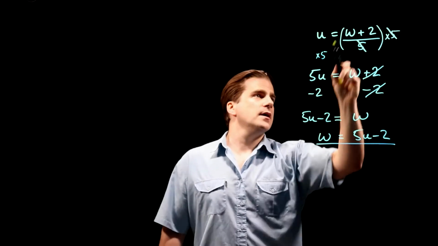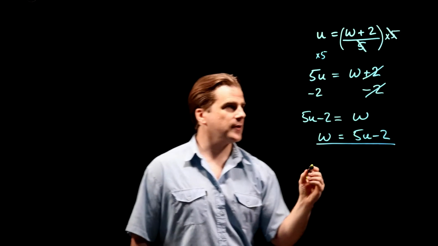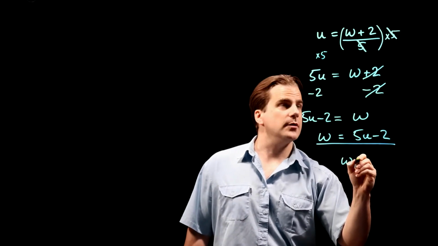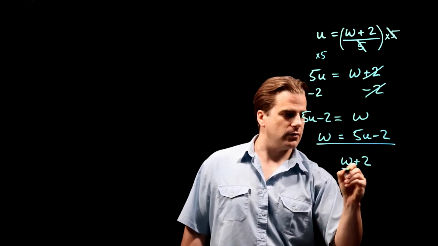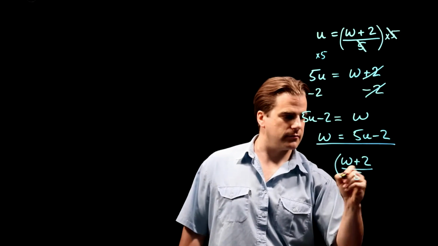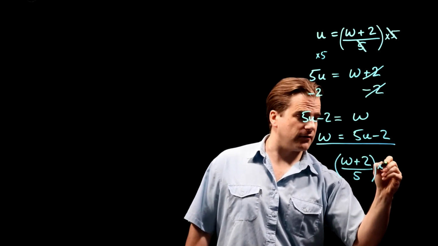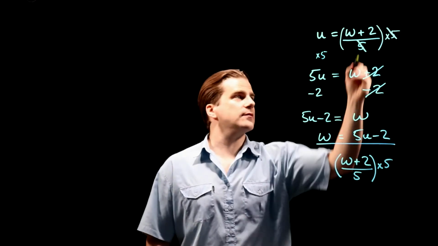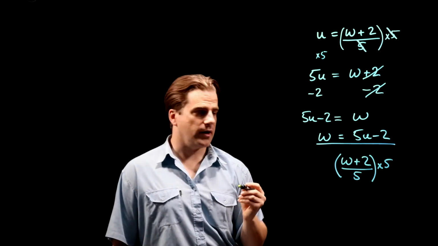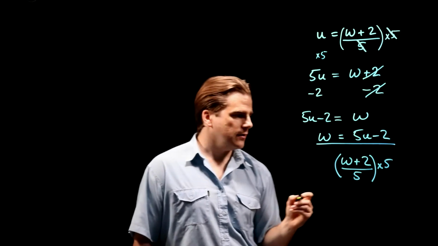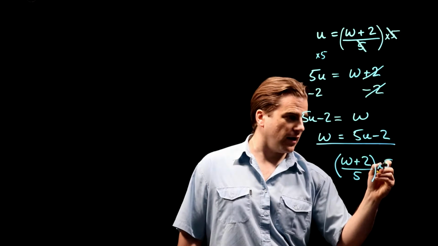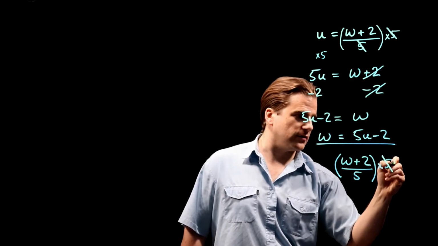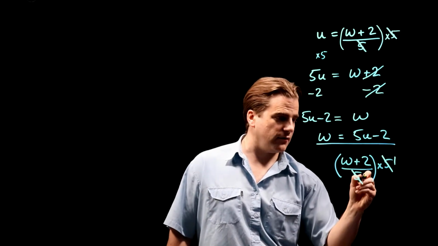Right. I just want to talk about this a little bit more. What we did, we had w plus 2 all over 5, all multiplied by 5. Okay? When I cancel those 5s, what I'm really doing is saying that 5 goes into 5 once, and 5 goes into 5 once.